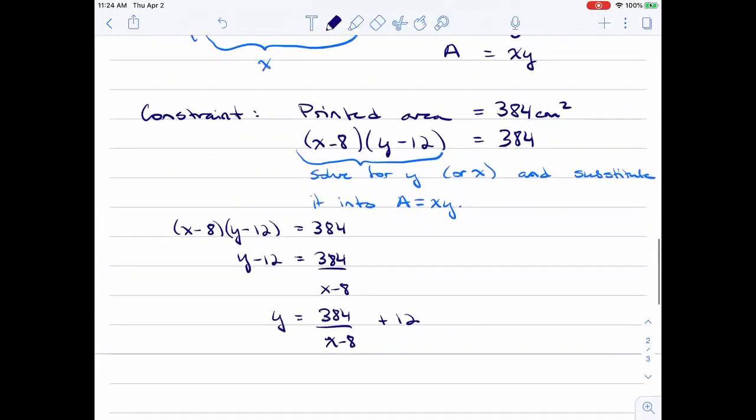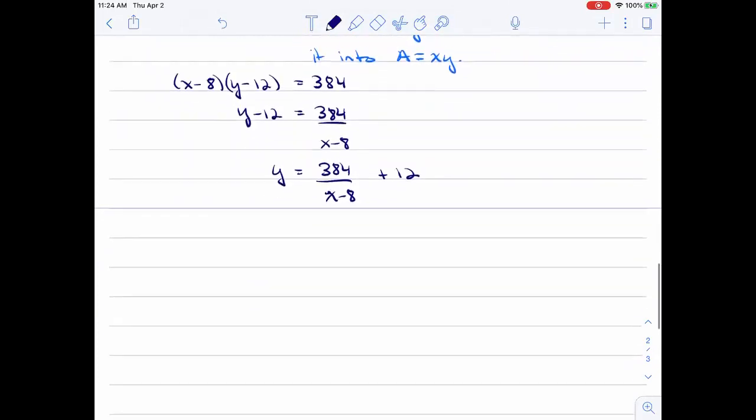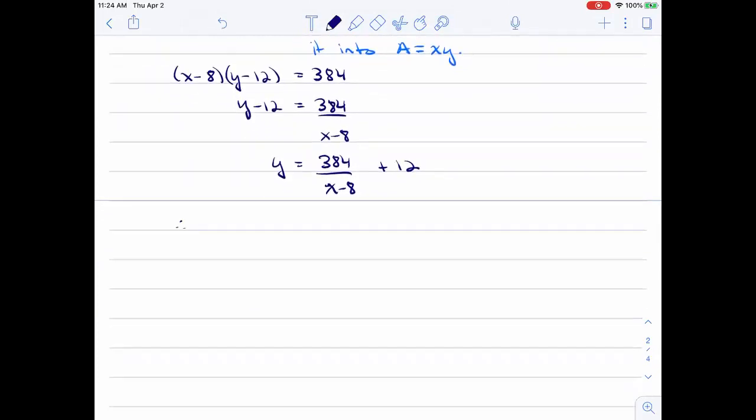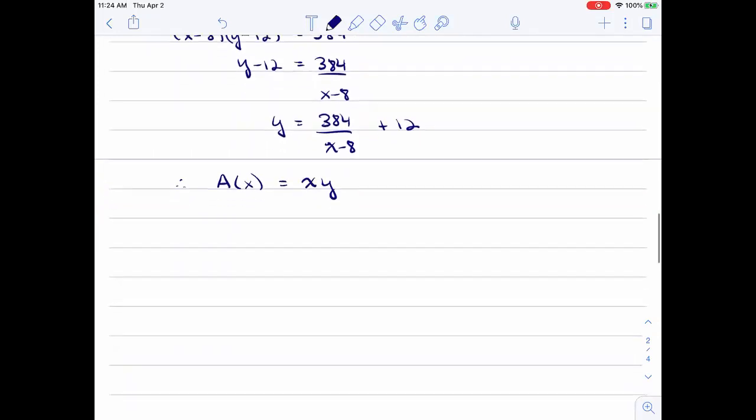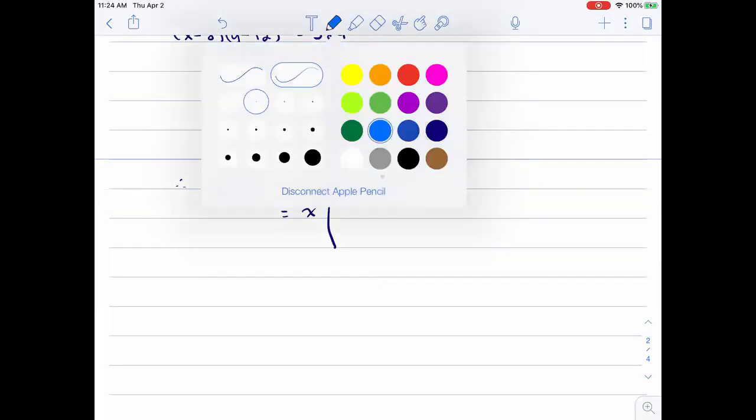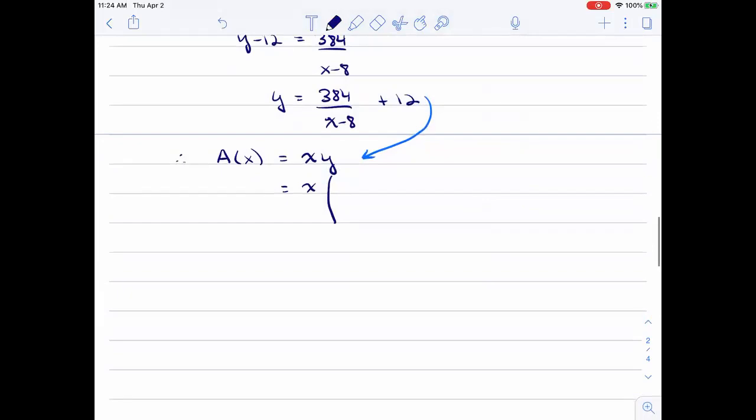So now I can substitute that in. Therefore, A of x must be x times y, but that's going to be x times the quantity 384 over x minus 8 plus 12. I'm not sure how good that's going to look over the page break, but whatever.